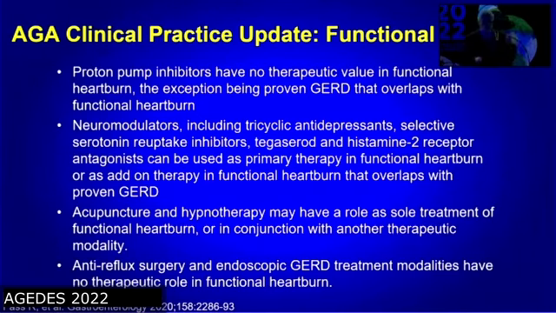Neuromodulators, including tricyclics, SSRIs, tegaserod, and H2RA, can be used as primary therapy in functional heartburn or as add-on in patients with an overlap. Acupuncture and hypnotherapy can be used also as sole therapy or in combination with another therapeutic modality. And anti-reflux surgery and endoscopic GERD treatment modalities have no therapeutic role in functional heartburn.